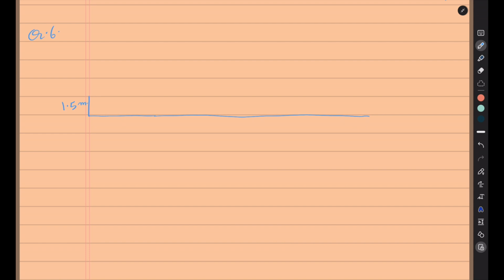Okay, so he is just standing. Suppose this is 30-meter tall building. This is the building which is 30 meter. Angle of elevation from his eyes to the top of the building increases from 30 to 60 degree as he walks towards the building.